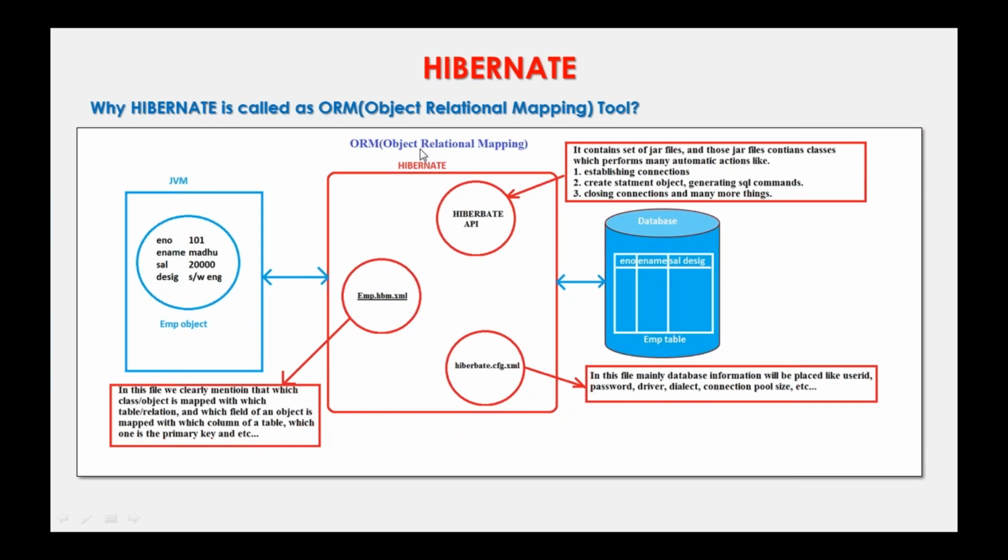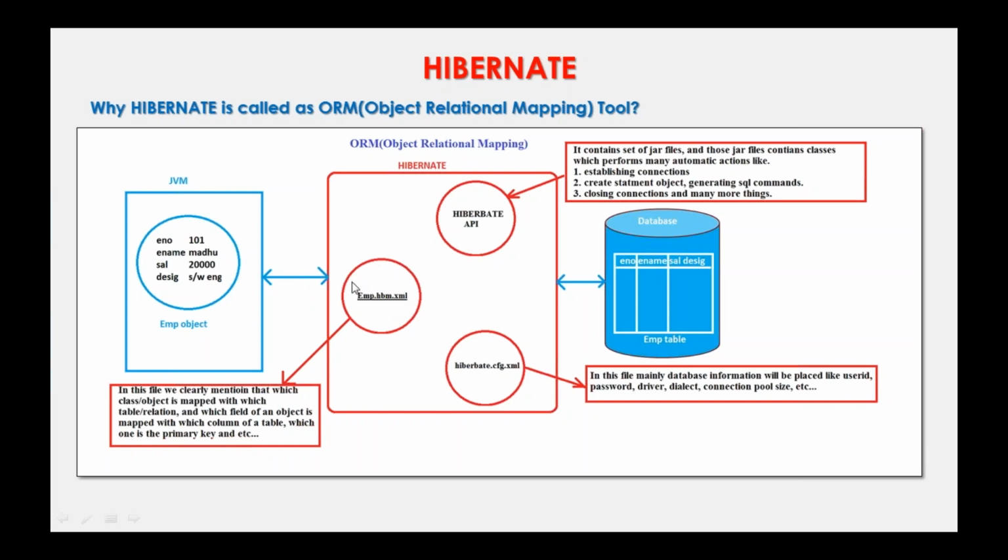Do you understand what I'm saying? Hibernate has to know which object details have to be stored in which table. How does it know? We have to tell it through a file. That file is called the HBM file, the Hibernate Mapping file. HB means Hibernate, M means mapping.